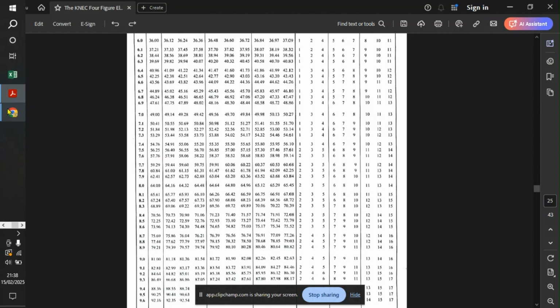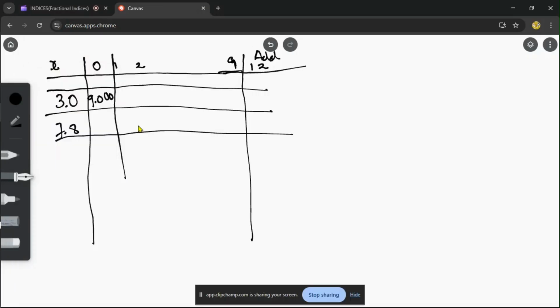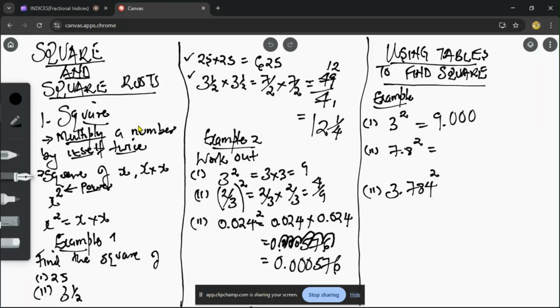I'll go back to my table here. The value that lies here is 60.84. So this is now my answer. I will come and write in my answer that the answer here is 60.84. So that is when you have one decimal.